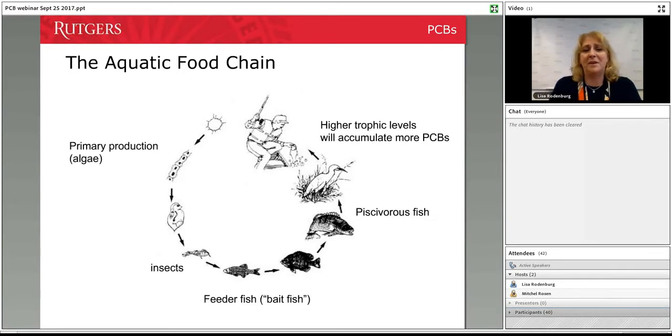So in many of the environments we're talking about, humans are the apex predator, which means that humans can develop very high levels of PCBs in their body tissues. And that's one of the reasons why PCBs are a problem. So they're a problem for human health. They're also a problem for environmental health because the fish and the birds and all of these things are also being exposed to PCBs. So there's a range of environmental and health effects that we have to worry about with PCBs.